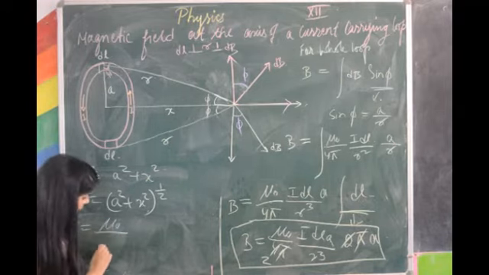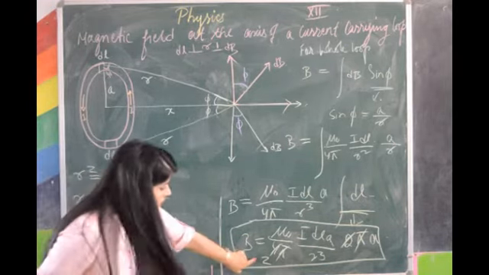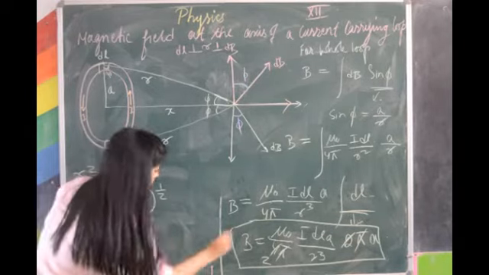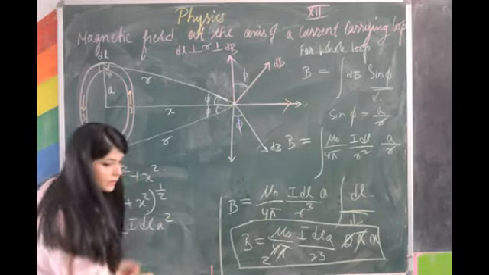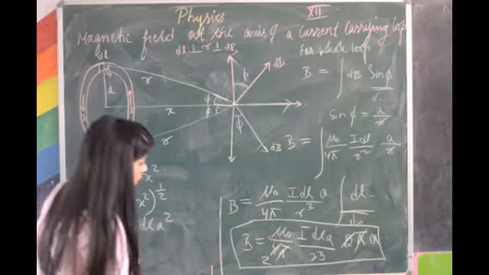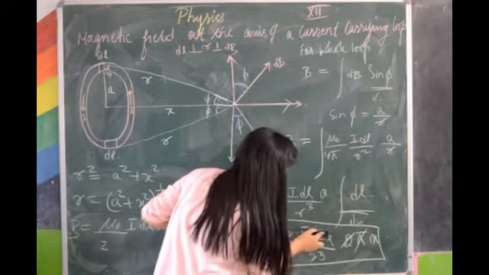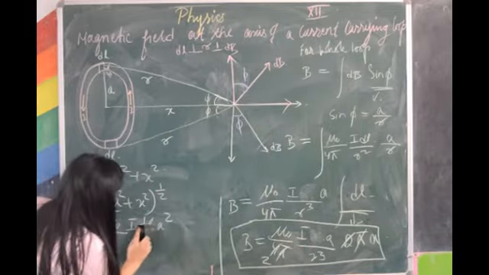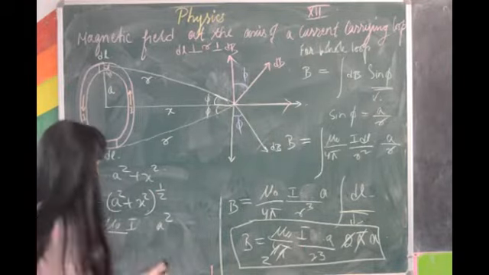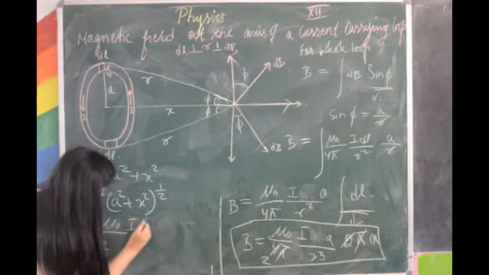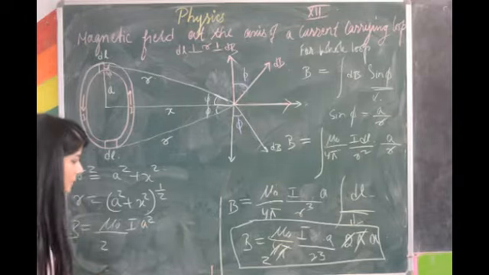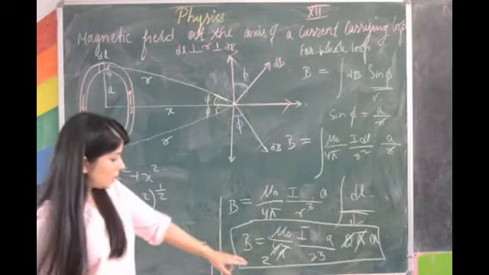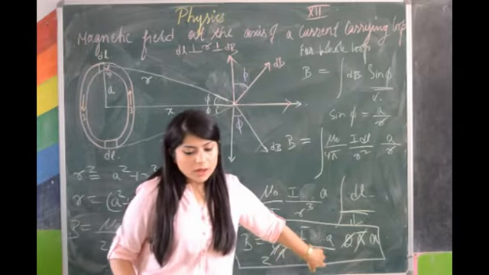B is equal to mu naught by 2. Only the 2 remains. A into A will be A square. Sorry, this dl we have already substituted, we have kept it inside, so the dl factor will not be there. A square divided by R cube.